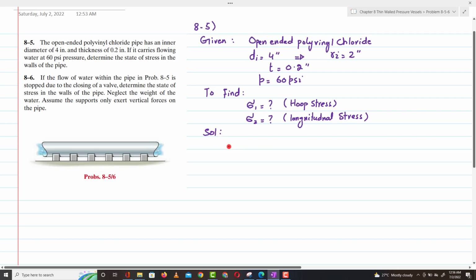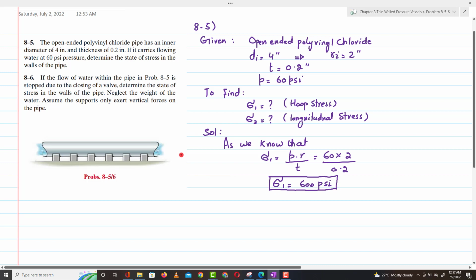As we know, hoop stress is equal to P into R divided by T. So you have P, which is 60 psi, you have R, which is equal to 2, divided by thickness 0.2 inch, clear. So when you calculate it, you will get hoop stress is equal to 600 psi. Now what about longitudinal stress?